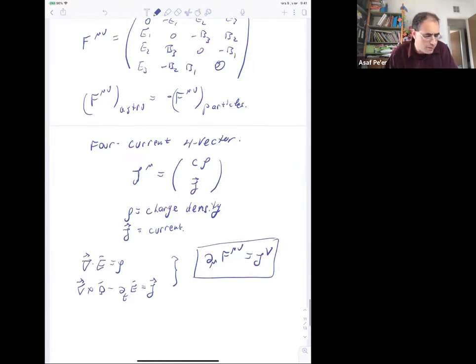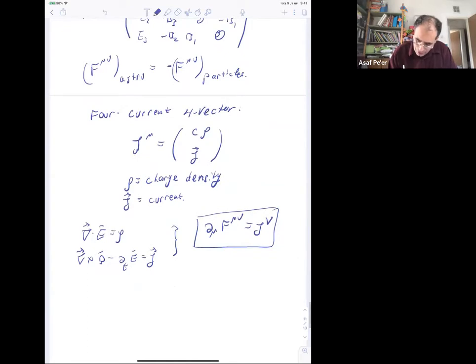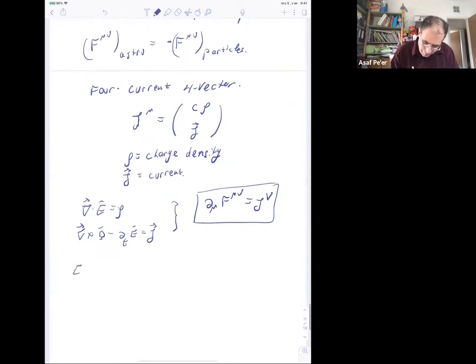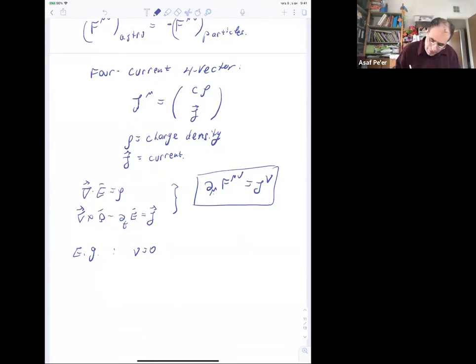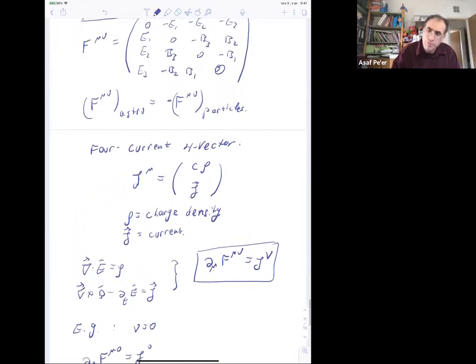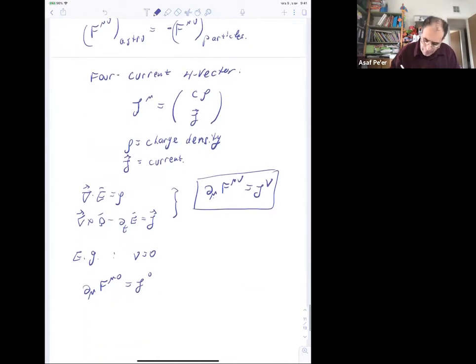So, for example, if you take in this equation ν equal to 0, then we have what? ∂_μ F^μ0 equal J^0. Now J^0 is ρ.